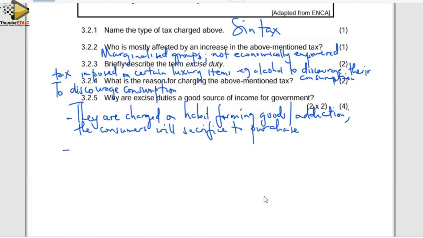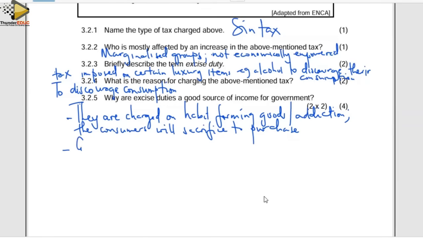They have relatively inelastic demand, which means even if the price changes by a bigger margin, the quantity demanded will drop by a smaller percentage. There is a less than proportionate change in quantity demanded to a corresponding change in price for habit-forming goods. So the government is able to raise revenue by increasing the amount of tax.